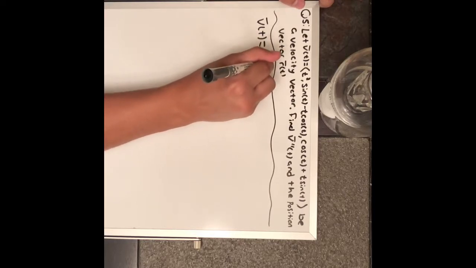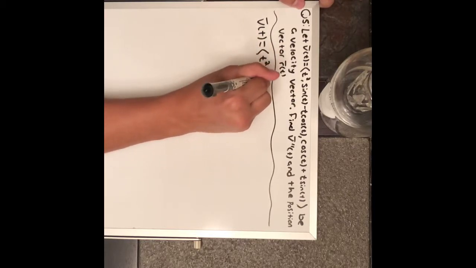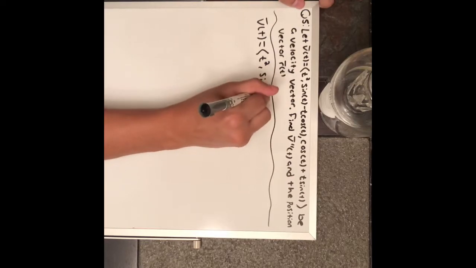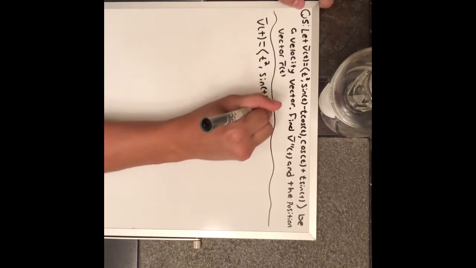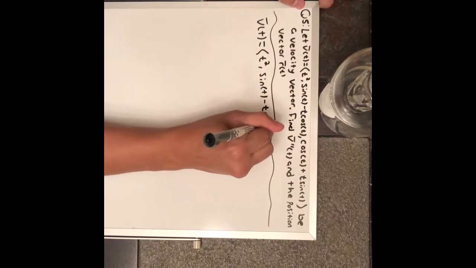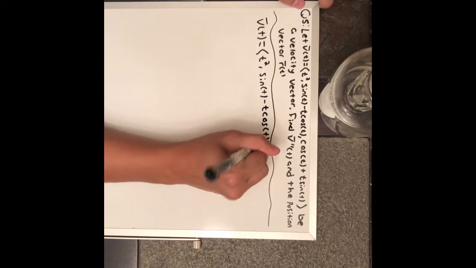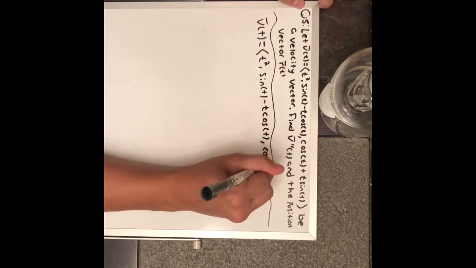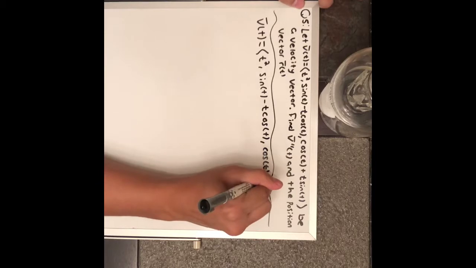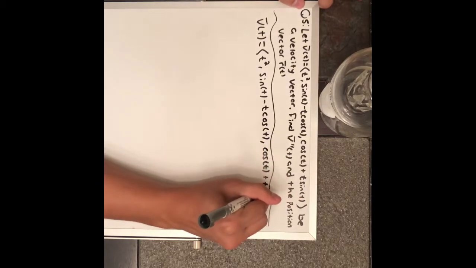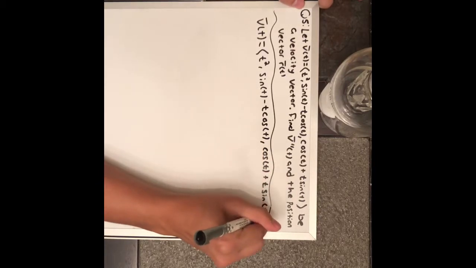So vector v, according to the problem, is t squared, comma, sine t minus t cosine of t, comma, cosine t plus t sine of t.